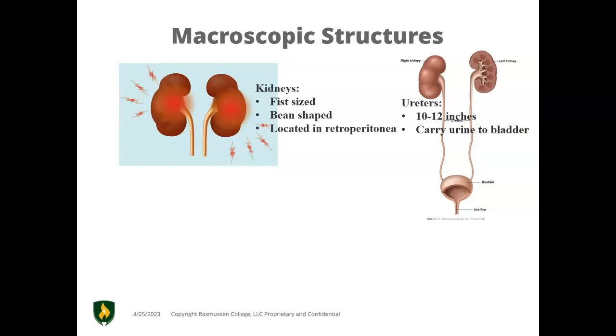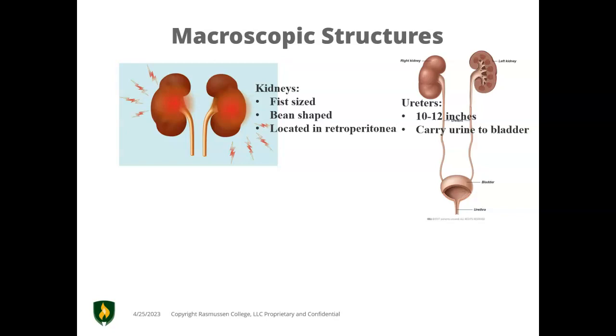Their whole job is to work with the autonomic nervous system and carry urine from the kidney to the bladder. Now I say autonomic because we do not control that. It happens automatically. And it's not that we can feel the urine actually being carried, but it does happen every 10 to 15 seconds.